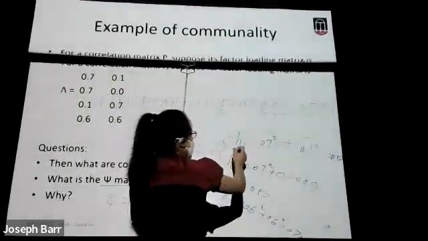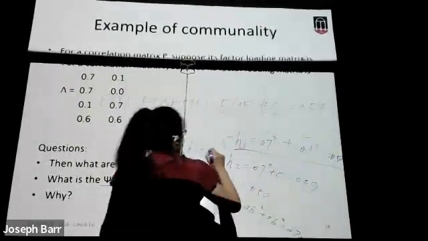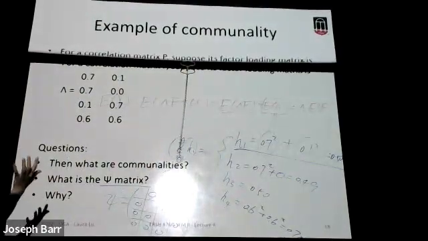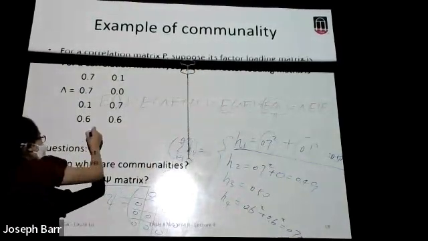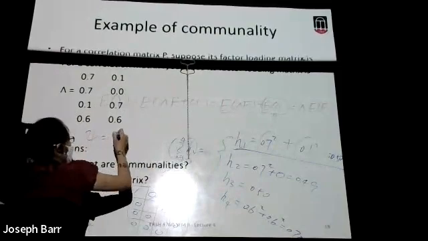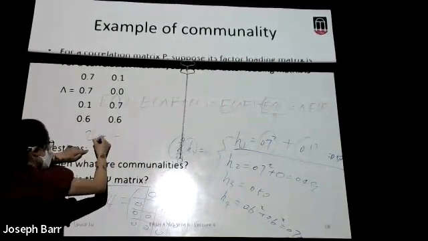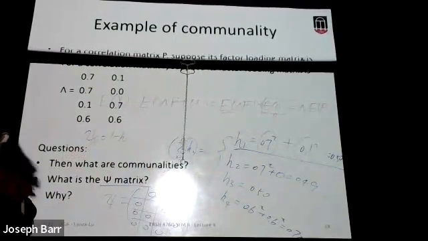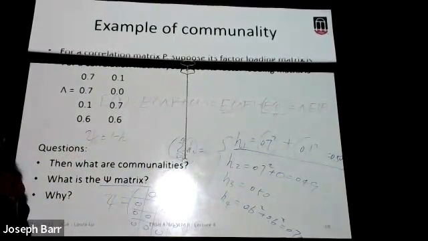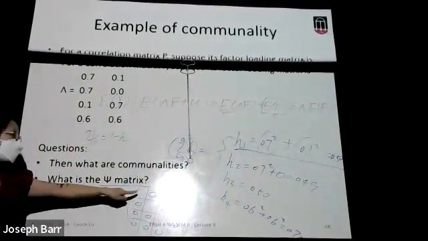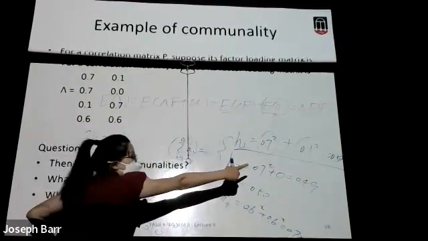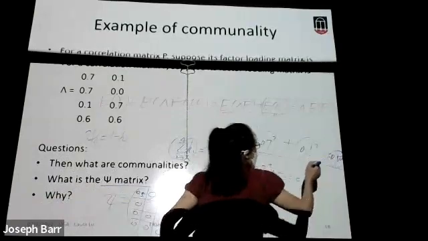We have H1 here. Remember that psi is 1 minus the H. So psi 1,1 is 1 minus H1. Then what is psi 1,1 here? Exactly. So 1 minus 0.5, it's 0.5.